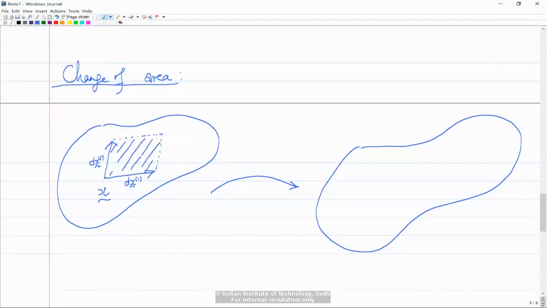The parallelogram is the magnitude of the area, and the normal to the parallelogram is your normal to the area.